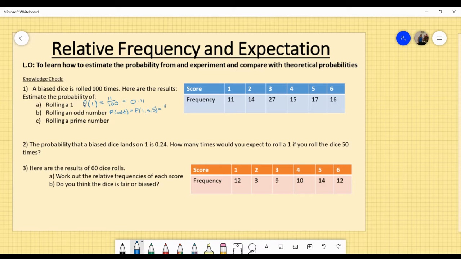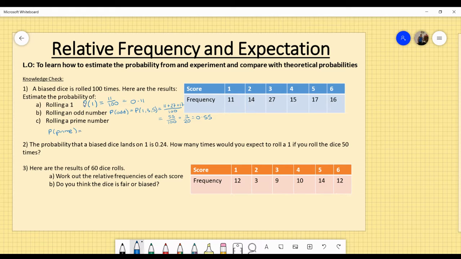So the probability of a 1 was 11, added to the probability of a 3, which is 27, added to the probability of a 5, which is 17, all over 100, and then I can tidy that up and I end up with 55 over 100, which again, you want to either leave in its simplest form, okay, which will give me 11 over 20, or you can leave it as a decimal if it is a nice number, so 0.55.